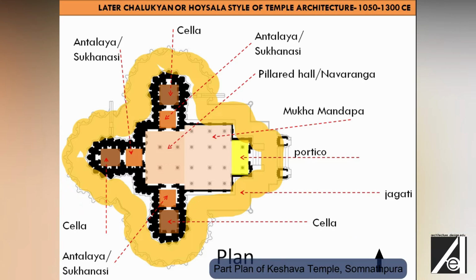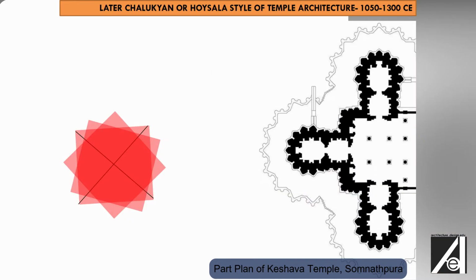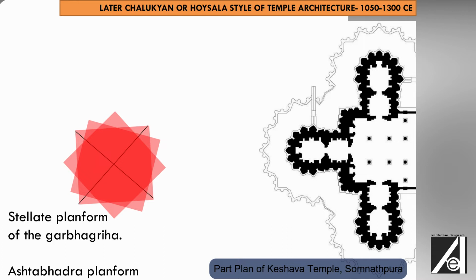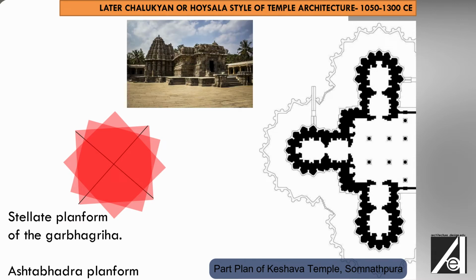Around the temple one can find a platform which is referred to as the Jagati. The plan is not a conventional square or rectangle, but star shaped, also called stellate or Ashtabhadra plan. So one can find recesses and offsets in the platform as well as in the walls.